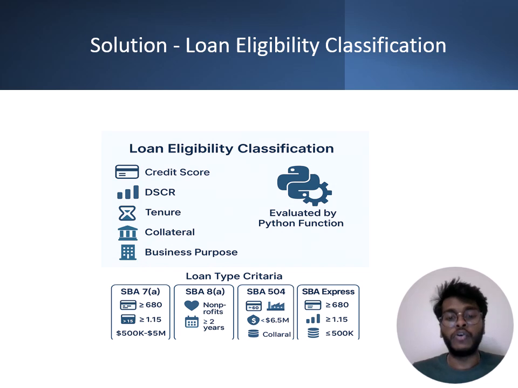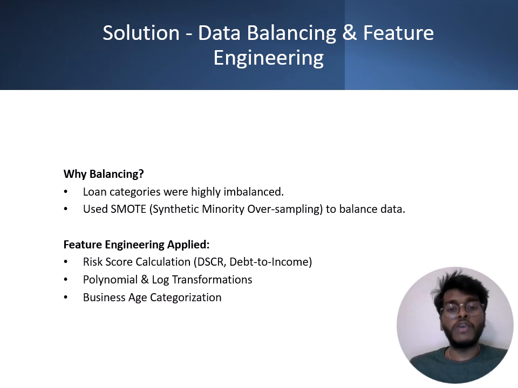As you can see, there are four different conditions for all these four types of loans, and using these conditions we have written a function and we'll pass our synthetic data into it and we'll get the target column into our hands. Now we have our data.